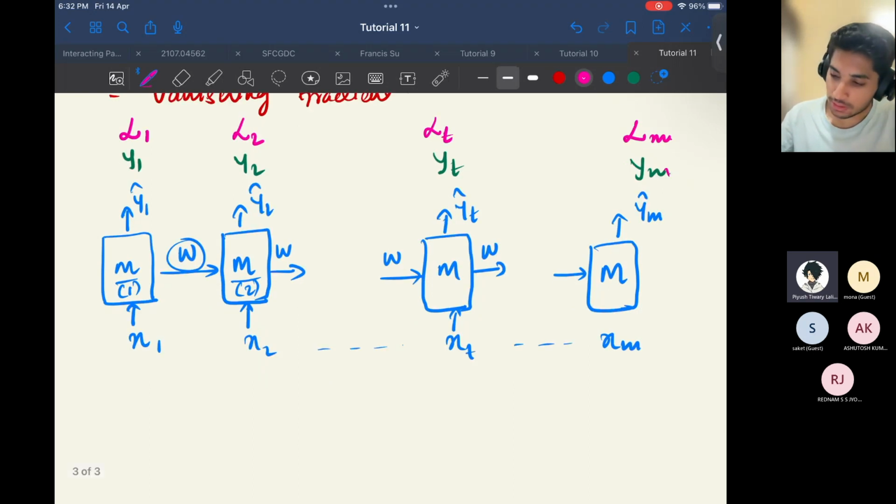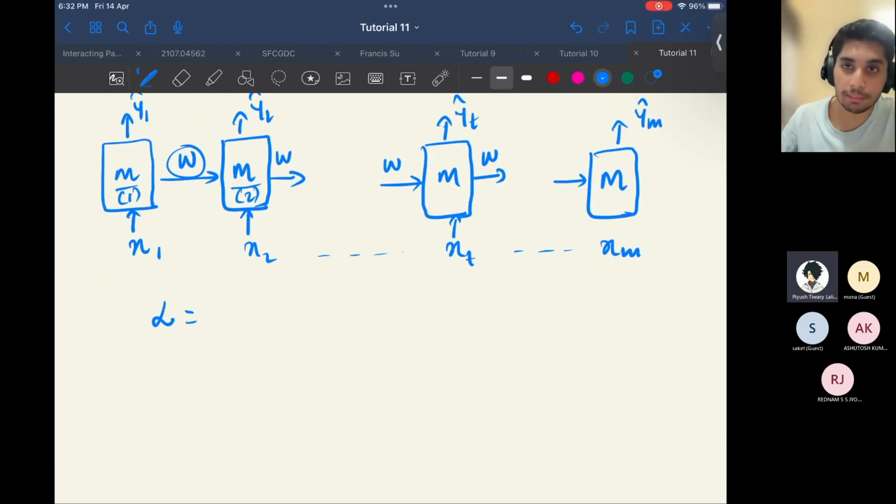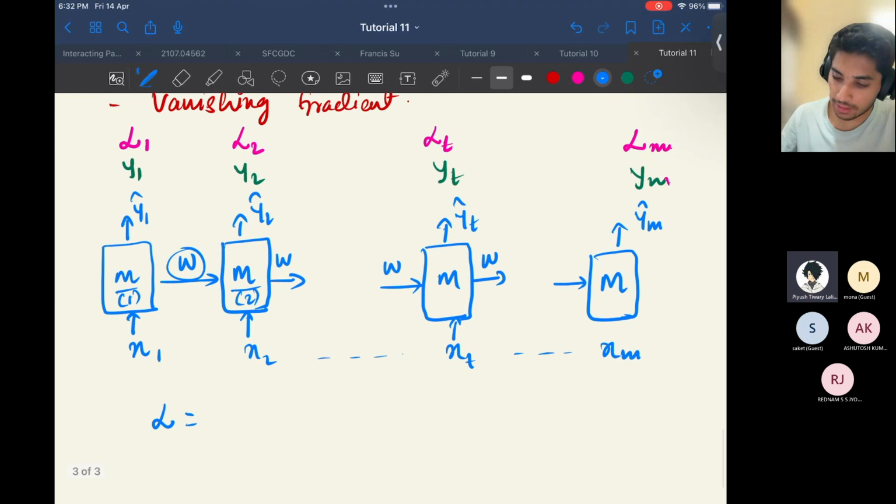Now my overall loss function. So the overall loss L, what will that be? I hope you will agree that if I have multiple objectives L1, L2, LT, and LM, I want to reduce all of them, right? So if I want to reduce all of them, all I have to do is reduce the sum of them.